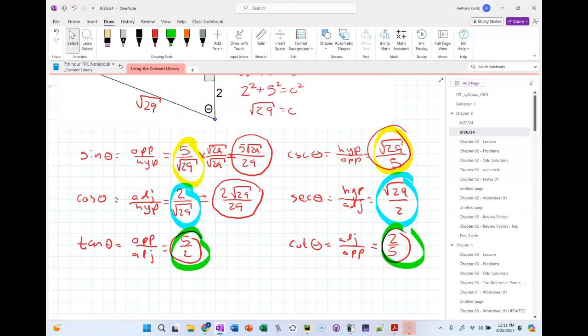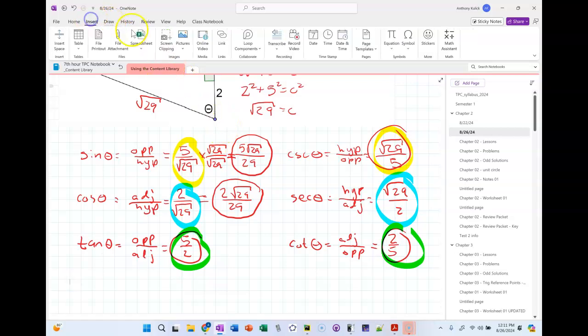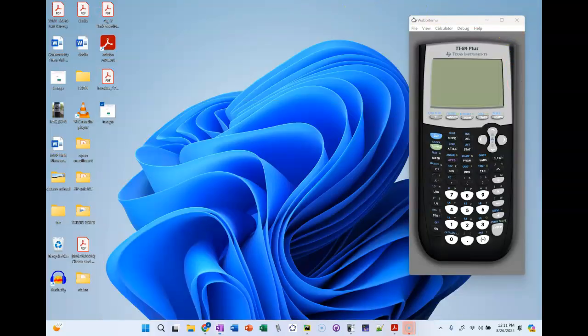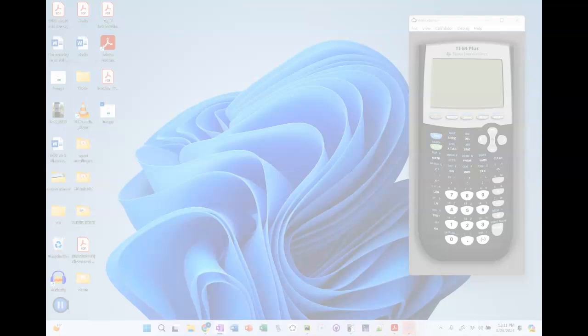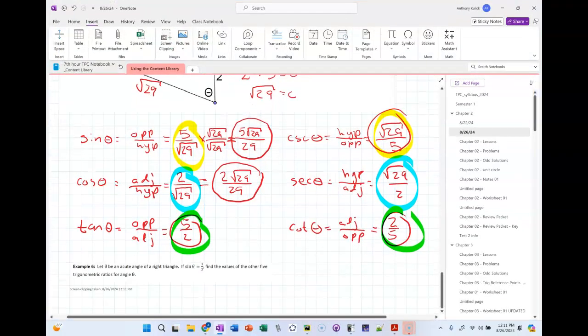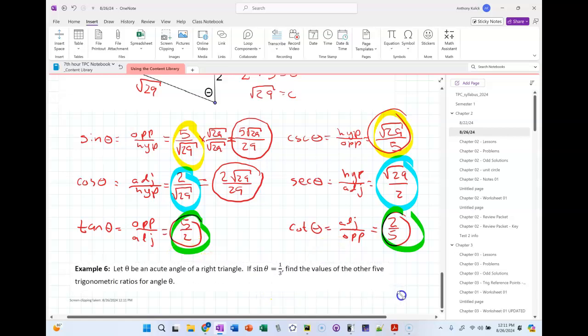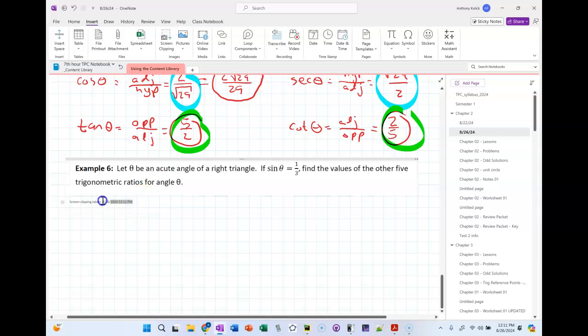All right. Let's do another example of something similar. This one says, let theta be an acute angle of a right triangle.